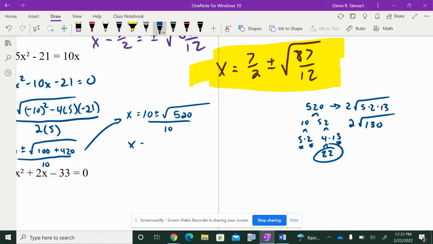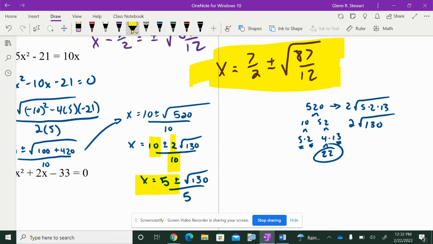So x is equal to 10 plus or minus 2 root 130 over 10. And then I can simplify. So 10, 2, and 10 can all be simplified down because they're all divisible by 2. So x is equal to 5 plus or minus root 130 all over 5. That would be my final answer.